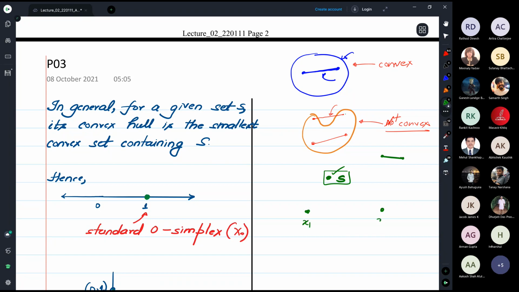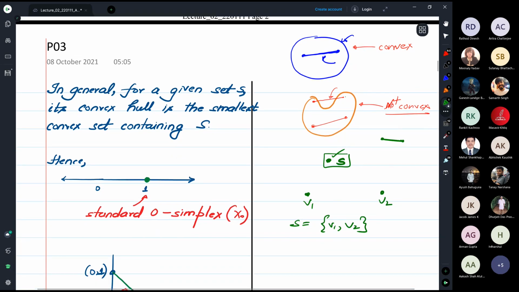Let's label these points V1 and V2, and let's say S is made up of V1 and V2. What is the convex hull of S? The first thing to ask is whether S itself is convex. It is not convex, because if I draw a line connecting these 2 points, this entire segment lies outside S. So S itself is not convex.